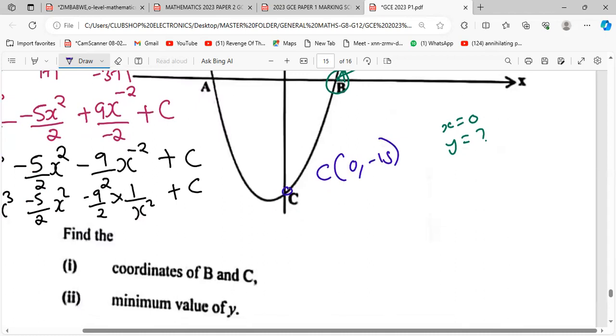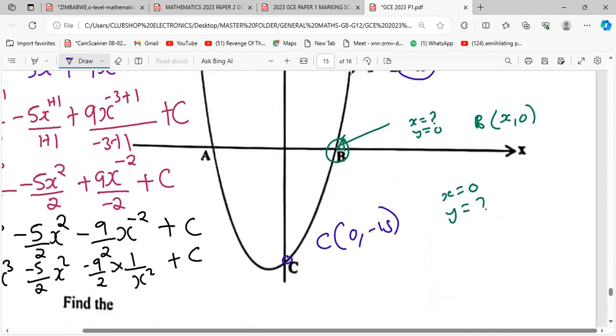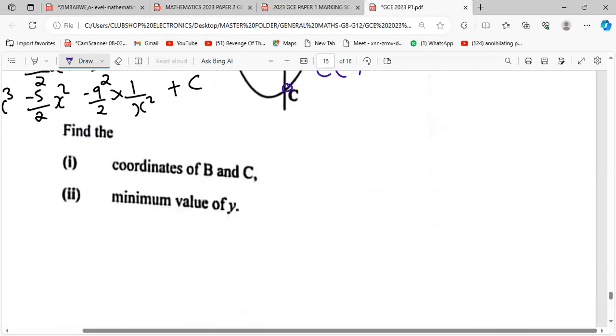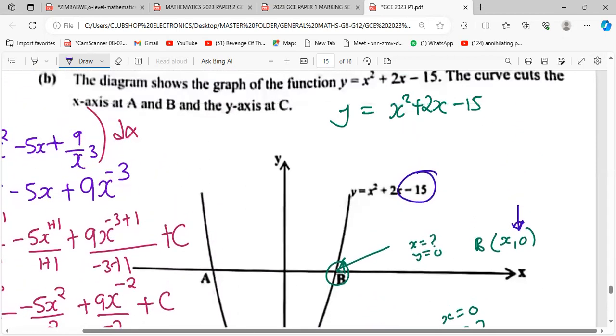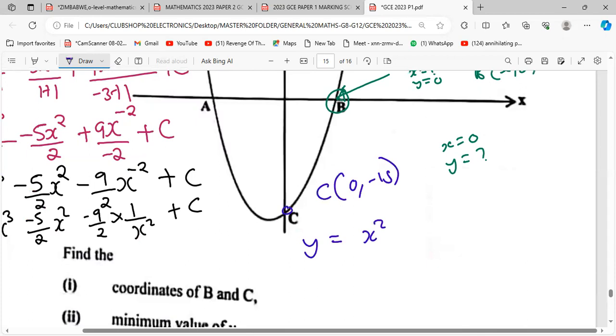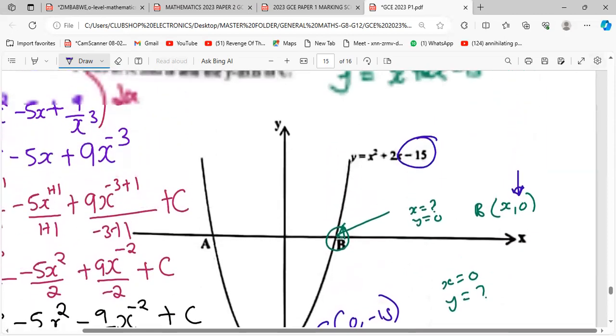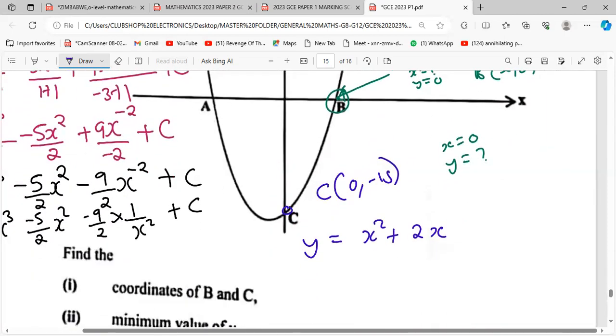Now, to find the coordinates of B, we equate y to 0. So for y equals x squared plus 2x minus 15, equate that to 0. Implying that x squared plus 2x minus 15 is equal to 0.